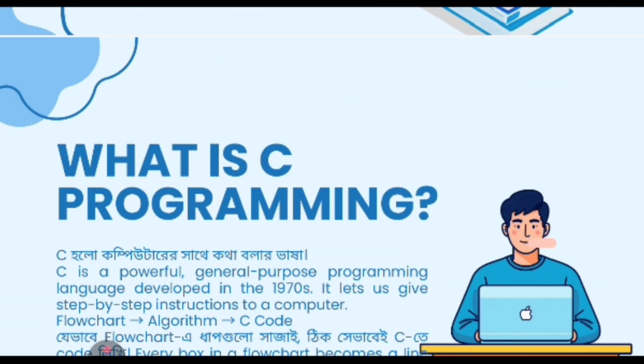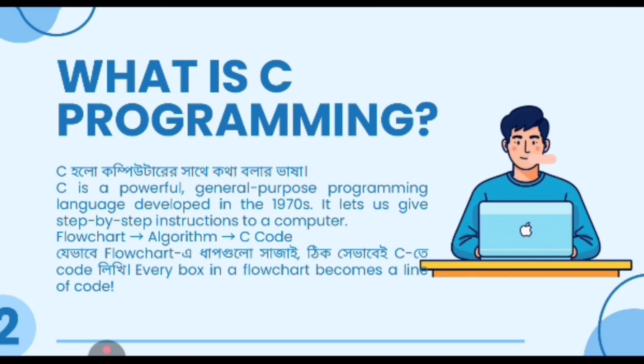So what exactly is C programming? C is a powerful general purpose programming language that was developed in the 1970s. Think of it as the language we use to give step-by-step instructions to a computer.